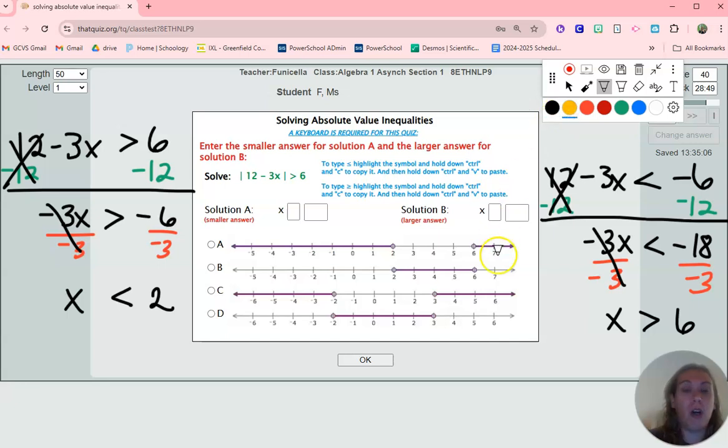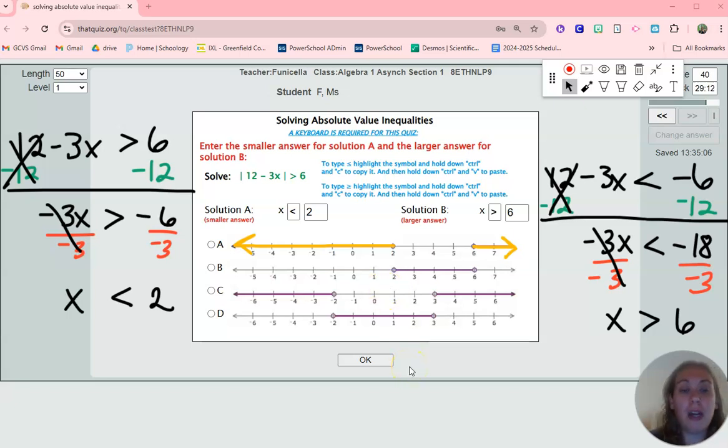So we're looking for 2 and 6. We're going to have open circles. It is less than 2, so we're going to the left side of 2, and it is greater than 6, so to the right on 6. So we have x less than 2, and x is greater than 6. Beautiful.